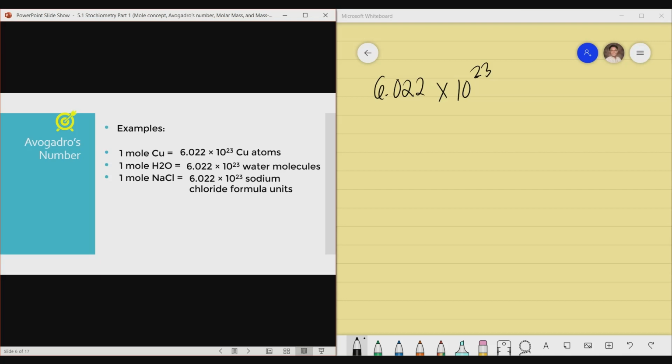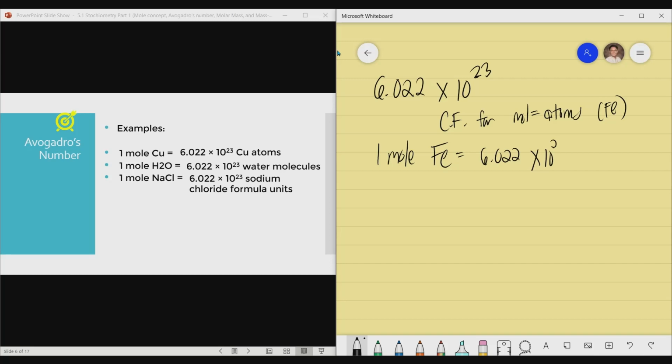In this sense, we are just applying mole concept into Avogadro's number, which means, say for example, how many atoms are there in 1 mole of not just copper, but for example, iron. The conversion factor for mole to number of atoms of iron: 1 mole of iron is simply equal to 6.022 times 10 raised to 23 atoms of iron.